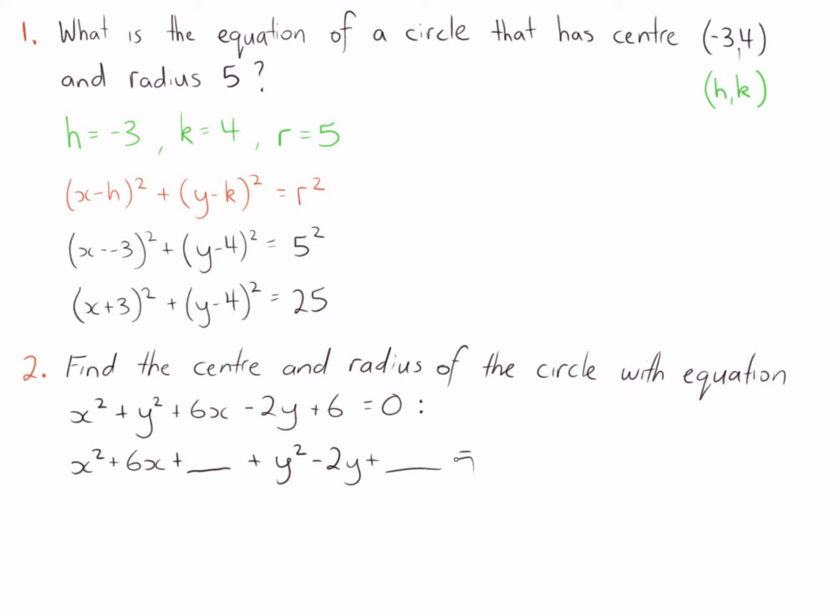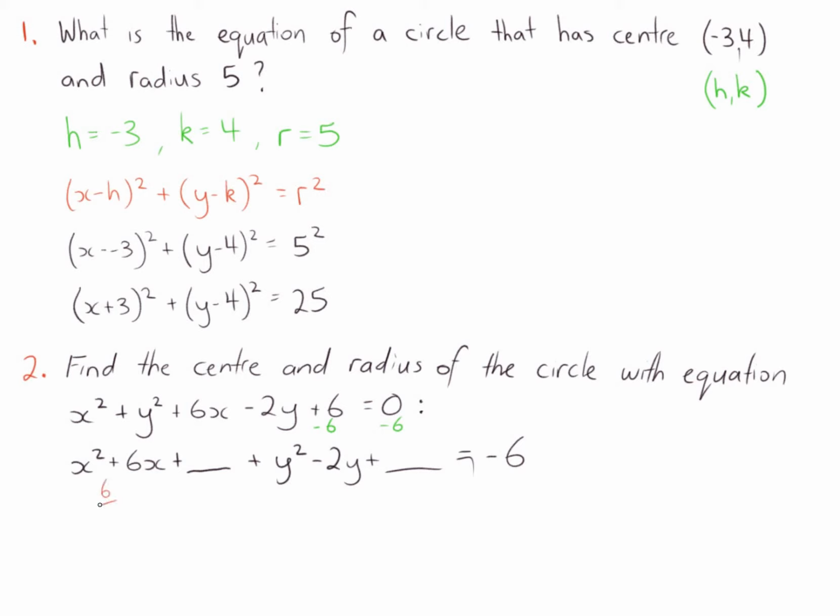We will also, before we go too much further, subtract 6 from both sides of the equation so that we get -6 on the right hand side. If you do need any help on completing the square, be sure to go back and check out the quadratics review video. The method involves taking the middle term, halving it, and then squaring that number.